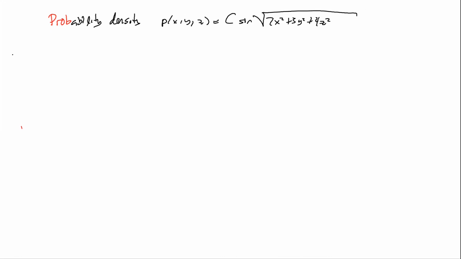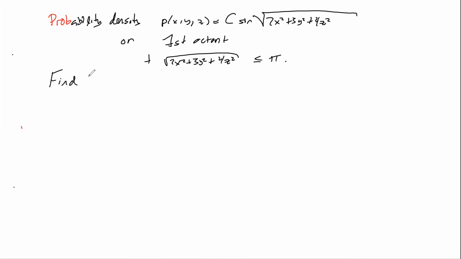And it was on the region, it was the first octant, as well as you take that square root and you say it's less than or equal to pi. So then the question was to find C.